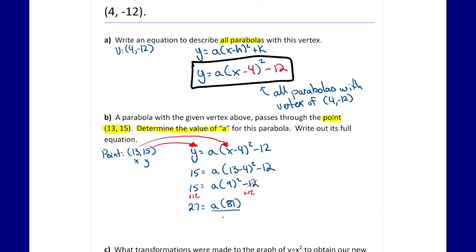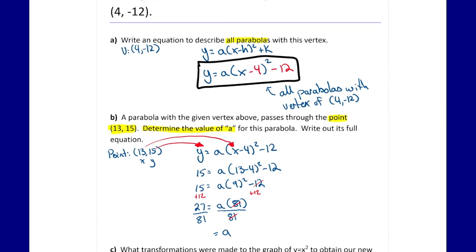So in this case, I have to divide to cancel it out. I'm going to divide both sides by 81, and I get a is equal to 27 over 81, which would reduce to, I believe, 3 over 9 or 1/3. Checking on my calculator, yes, it does reduce to 1/3.